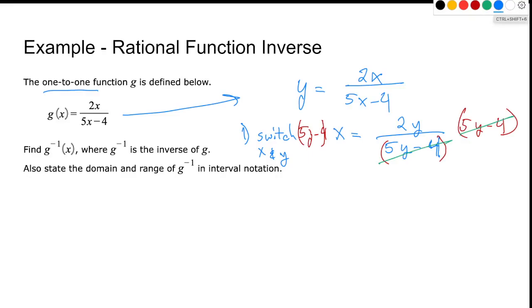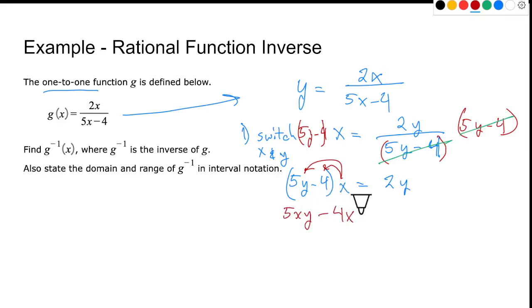So then we're left with x times (5y minus 4) equals 2y. And then how are we going to get these y's together? Well, let's just keep moving forward. The y is inside of parentheses here, so let's distribute this x. So we get 5xy minus 4x equals 2y.